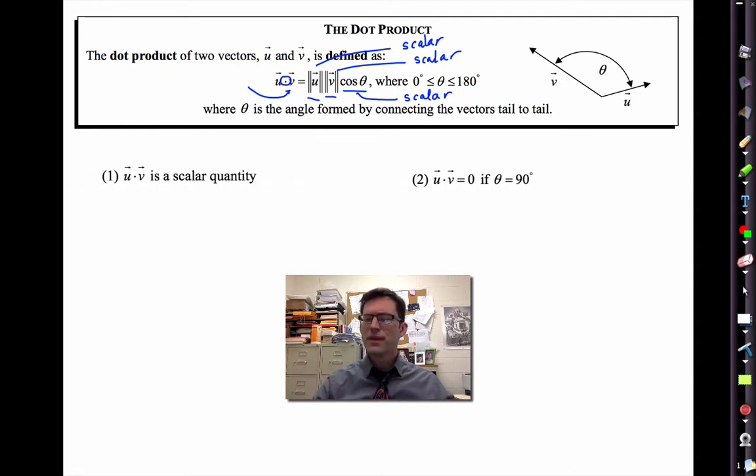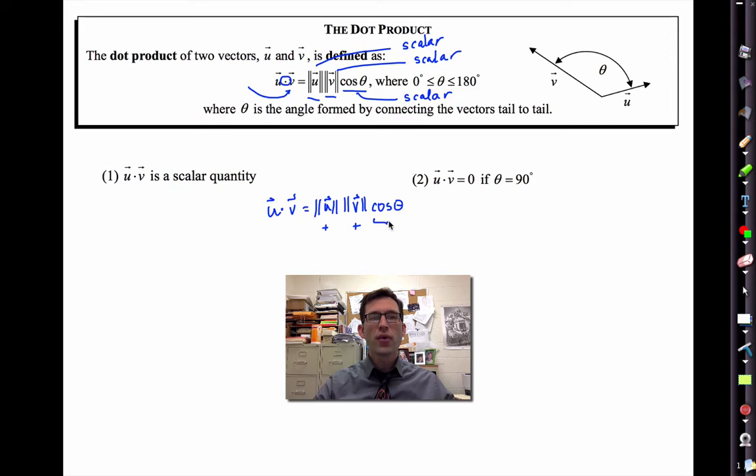Now let's talk about its form. I really want you to key in. The next three observations all depend on a single thing. So let's talk about that before we get into observation 2. If we really look at this form, then this is a positive number, and this is a positive number because they're lengths.